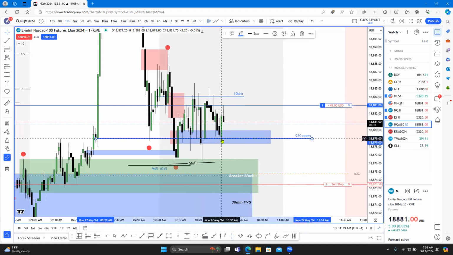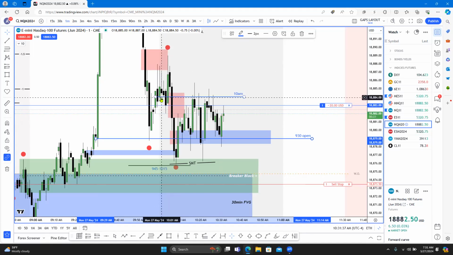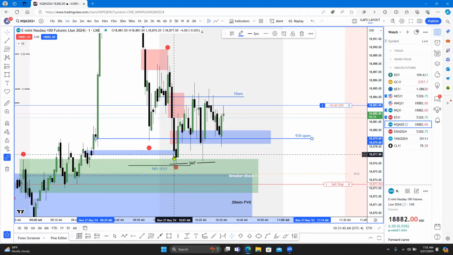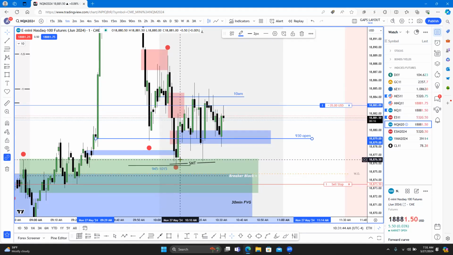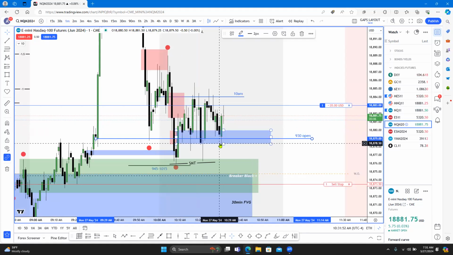So dipping beneath 9:30 opening as a power of three, open, low. Same thing for the 10 o'clock open. We have this 10 o'clock open, power of three, open, low. So potentially catching the bottom wick of the 10-hour candle is the idea here.